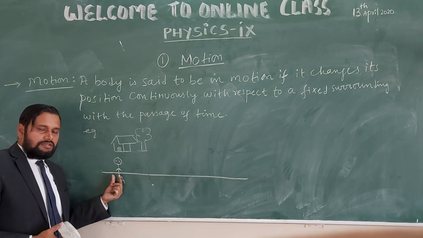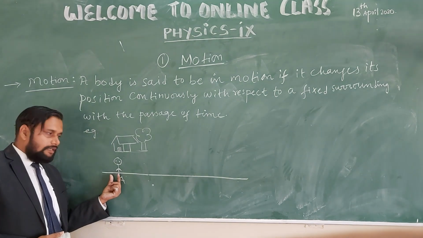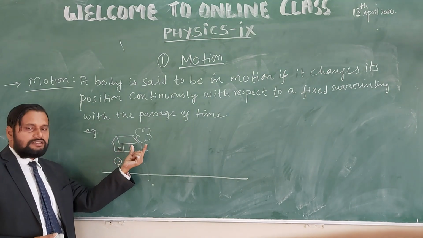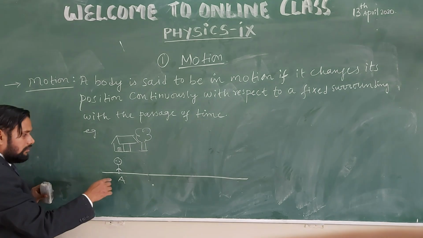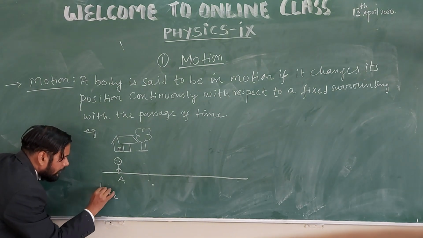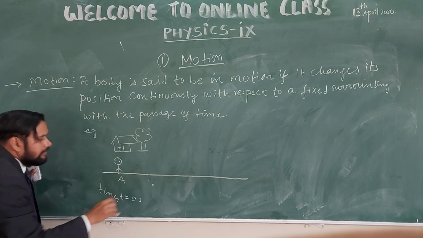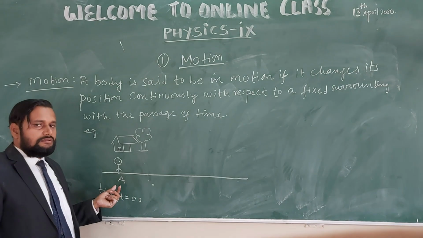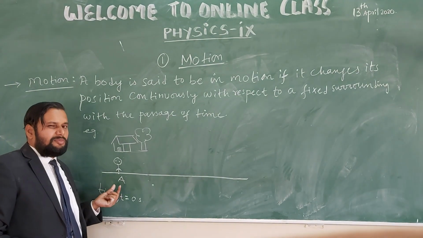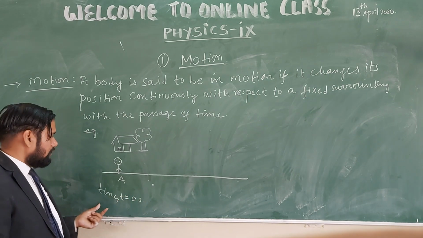So this is the person who is standing at position A, and in the surrounding one house and one tree is there. Now at position A, time t equals to 0 second. That means now he is in the state of rest. He is not moving. He is not changing its position.